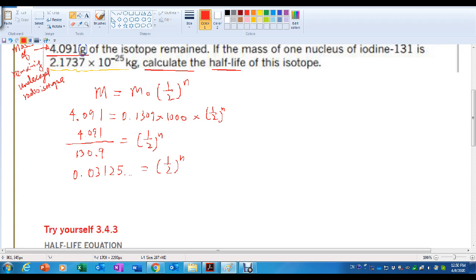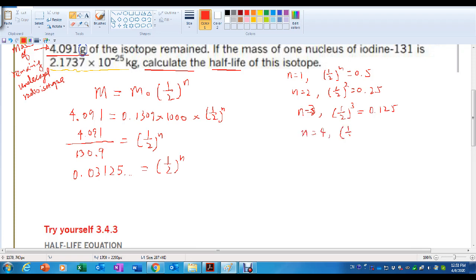If n equals 1, of course we know this one is 0.5. If that's 2, 0.25. If that's 3, that becomes 0.125.